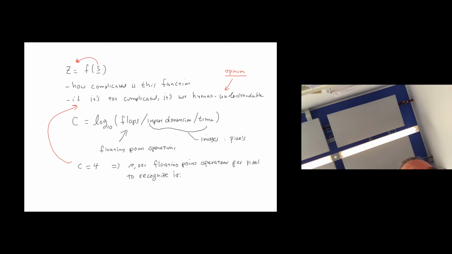The only way we can recognize images is by putting a deep network at it and performing on the order of 10,000 floating point operations per pixel. So it's kind of interesting to count complexity.